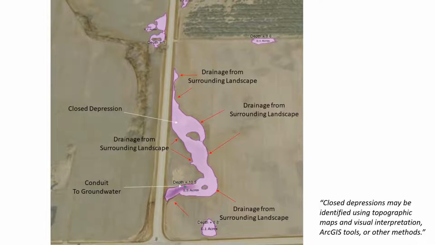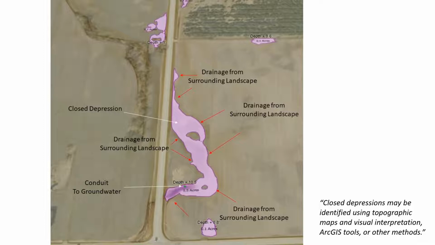So you can see there's a darker purple on the lower left and a conduit to groundwater that's mapped. This is a well-known feature in Door County. So we didn't necessarily need a GIS analysis to point us to this feature, but it's a good example of one of the tools that we've used to identify closed depressions.